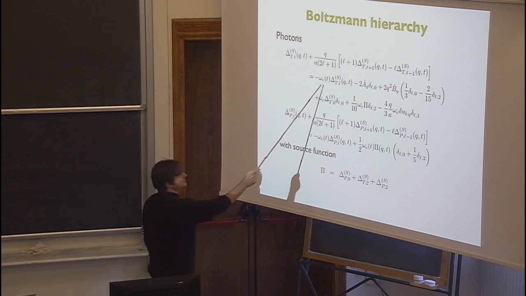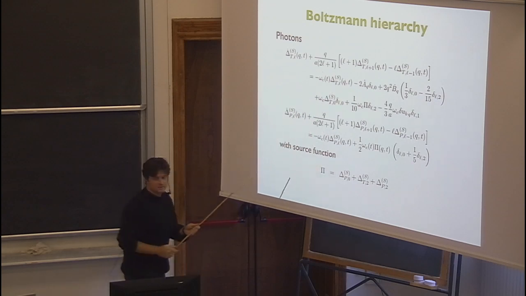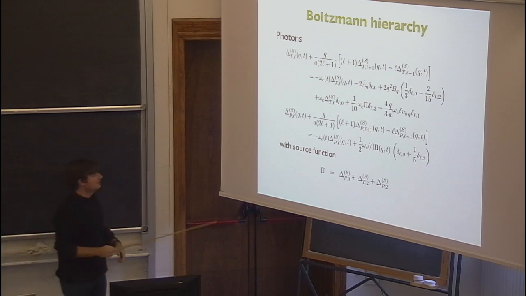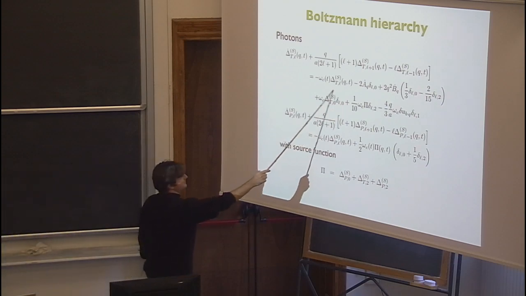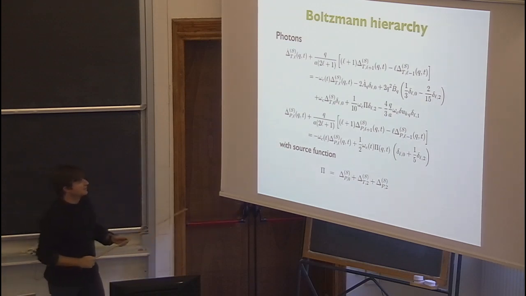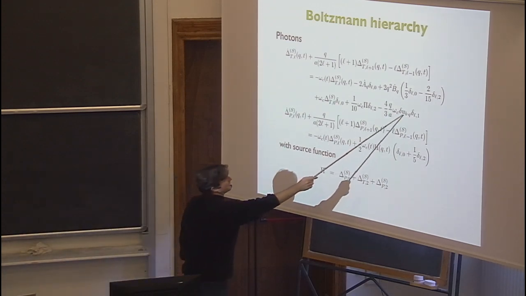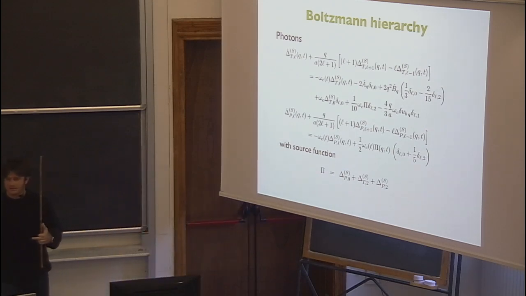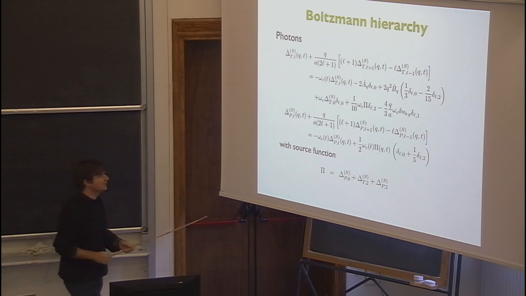Then we had the collision term here that represents scattering of photons out of the line of sight. This one represents the scattering of photons into the line of sight. We also had the coupling to the baryons, so if the photons and the baryons are tightly coupled, they move with the same velocity.